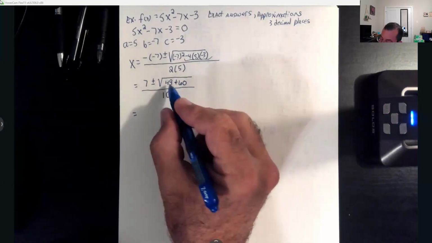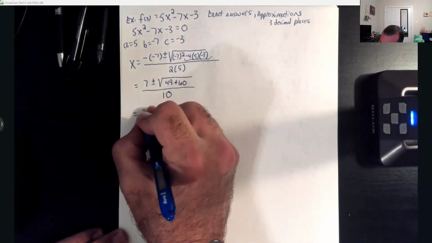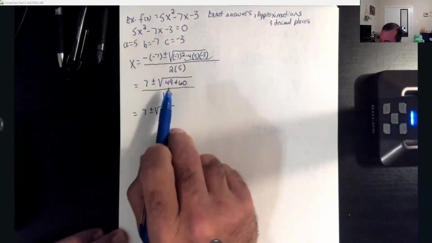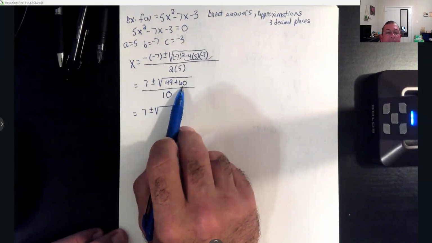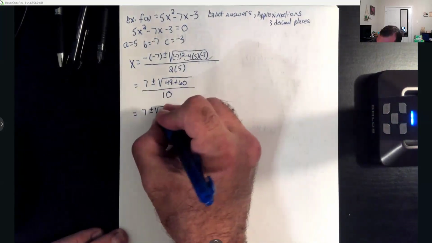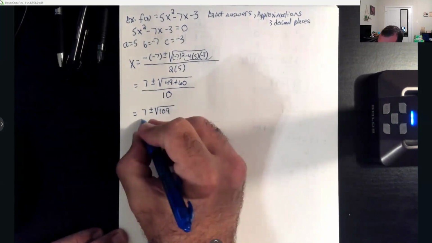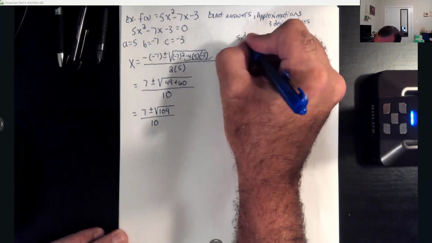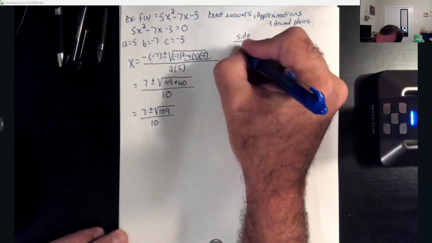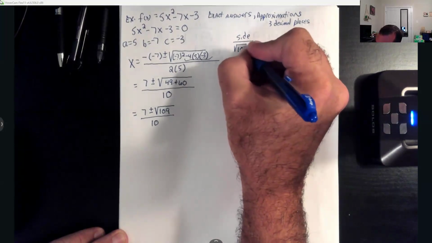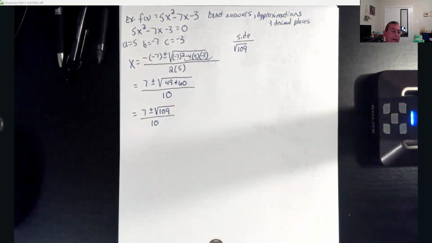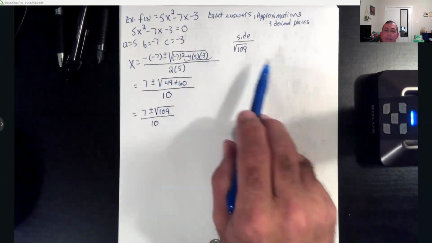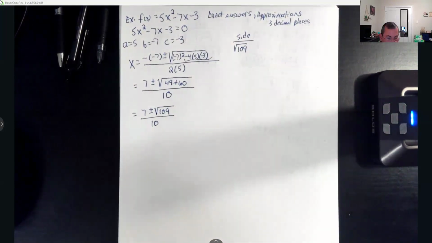All right, so notice the only thing I can do is add the stuff under the radical. So 7 plus or minus square root of 49 plus 60 is, what's that, 109, over 10. So on the side, we're going to play with that square root of 109. So y'all, are any of my perfect squares factors of 109?